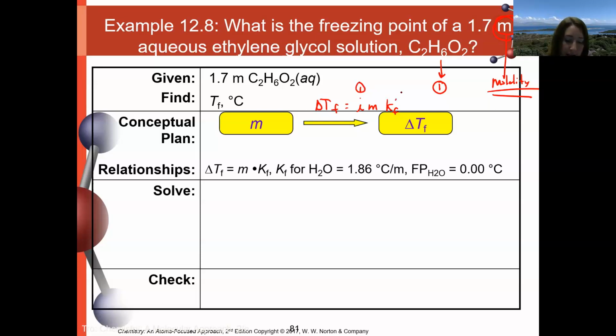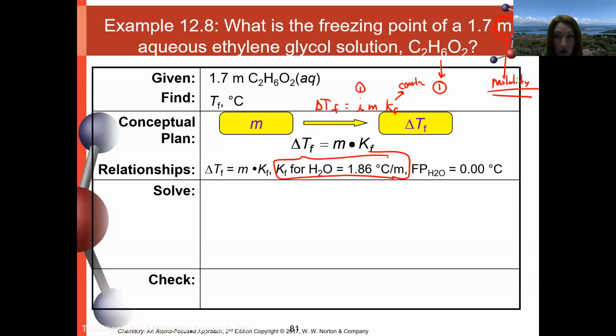Again, this KF is our constant, always given for you. The constant for water is 1.86 degrees Celsius per molal. So when we do this problem, we have our molality. Nice, we don't even have to find it, we just need to plug it in.